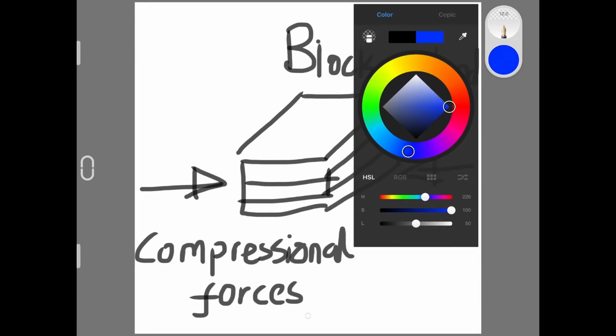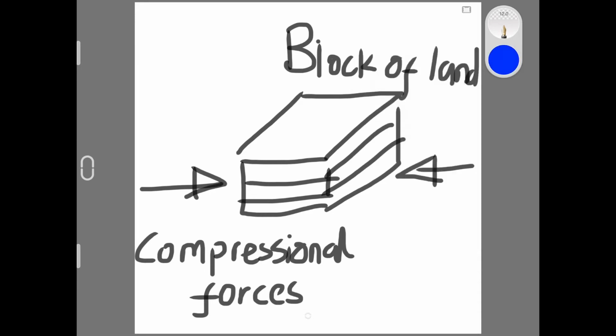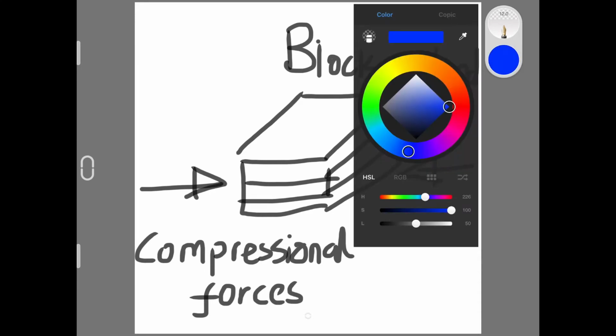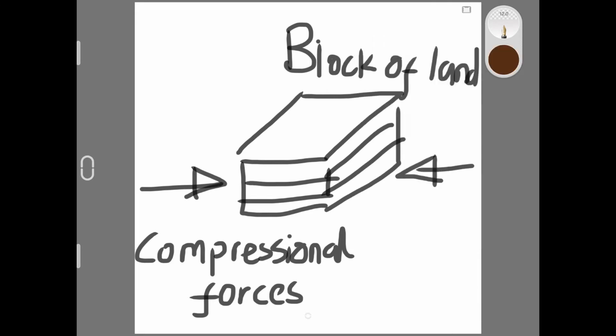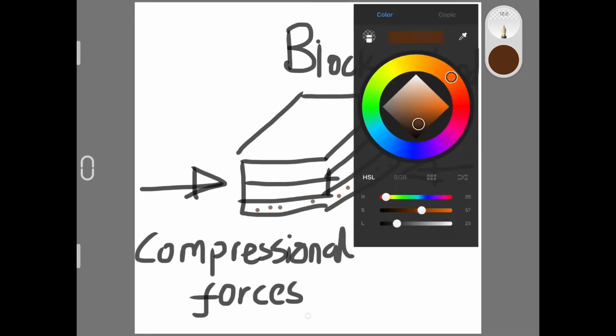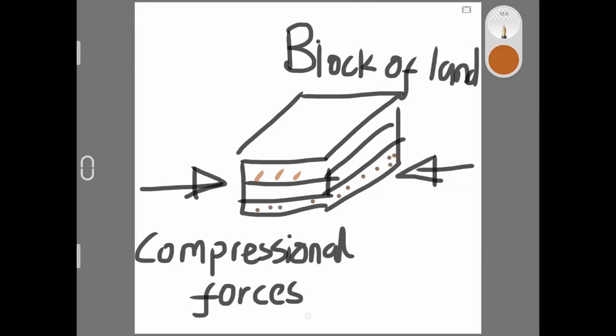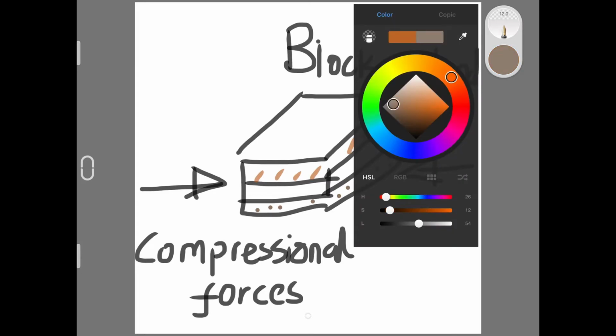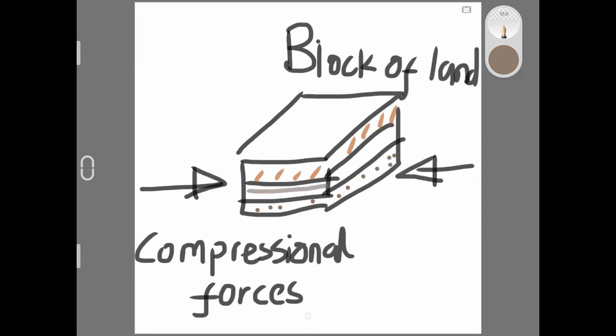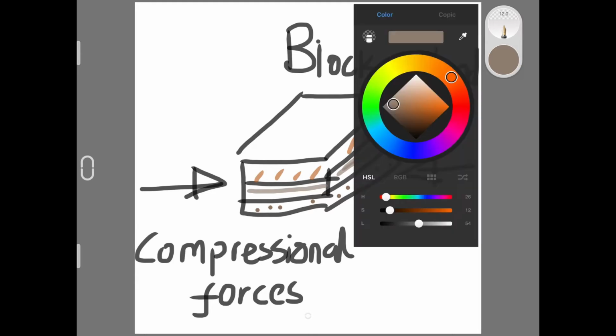So when these compressional forces act on the block of land, that's where you have folding occurring. Just the same way you have from the word folding, you end up having some kind of folded structures on this land because of the compressional forces.